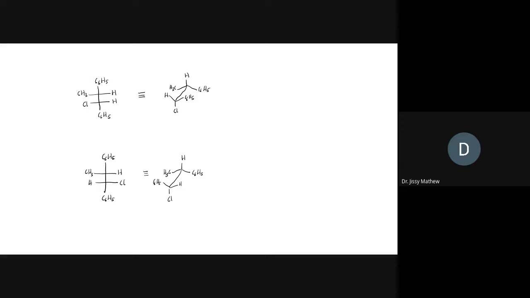so. In these cases, what happens is the base approaches the hydrogen atom. Then this bond and this bond vacates. The same mechanism here also. The base approaches the hydrogen atom, this pair of electrons is given and this CCl bond breaks. So in this case, the olefin formed will have the structure.